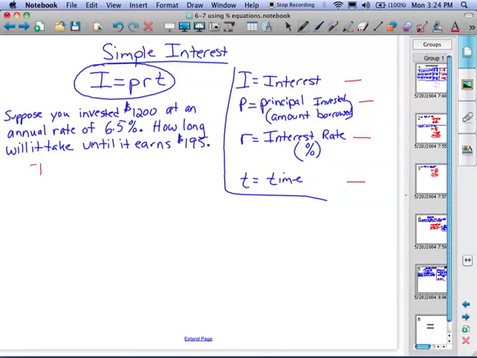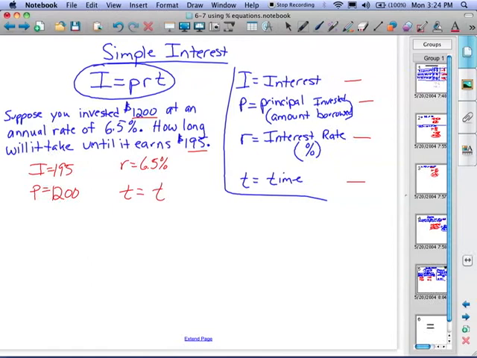So let's go ahead and write in what each variable is going to be. So the interest is $195. The principal is $1,200. The rate is 6.5%. And the time we don't know, so we'll leave that as t.